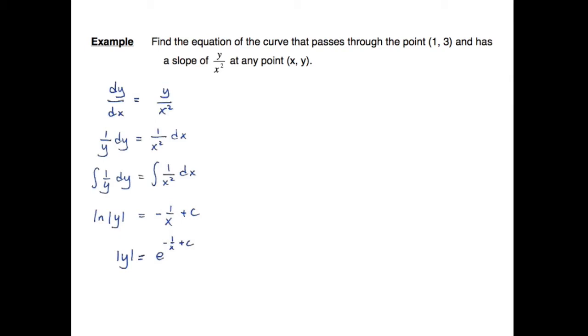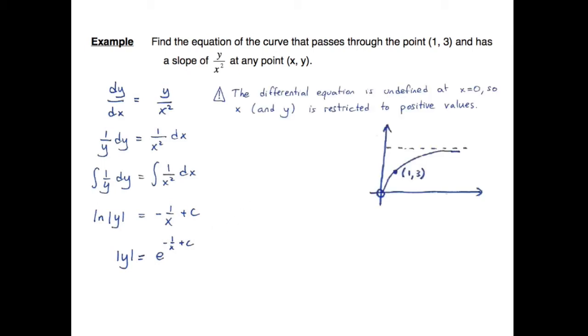And now we'll observe something that is quite technical. The differential equation that is given is undefined at x equals 0. So if we look here, dy/dx equals y over x squared, it's undefined at x equals 0. That means, if you look at the graph, that there is a hole or something at x equals 0, and that must restrict y to the positive values.